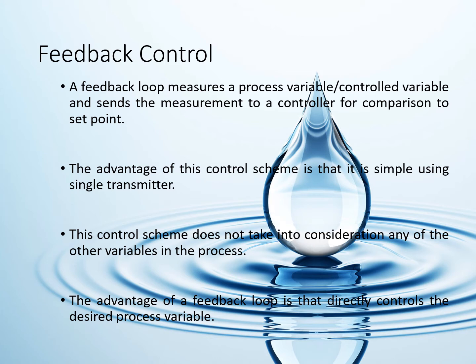The advantage of this feedback control is it is simple because it uses a single transmitter, and this control scheme does not consider any other variable, for example disturbance in the process. Another advantage is that it can directly control the desired process variable.